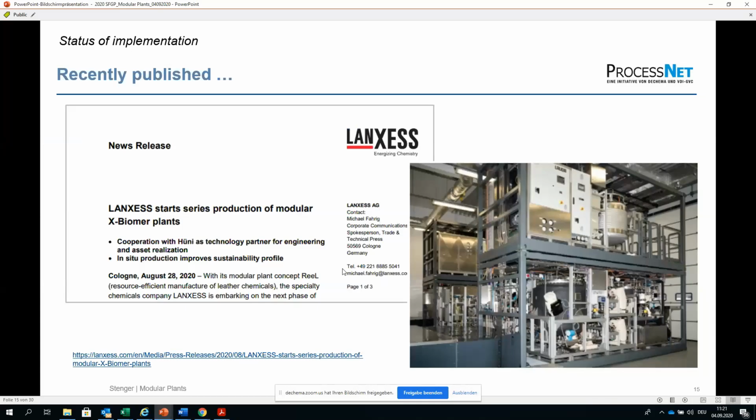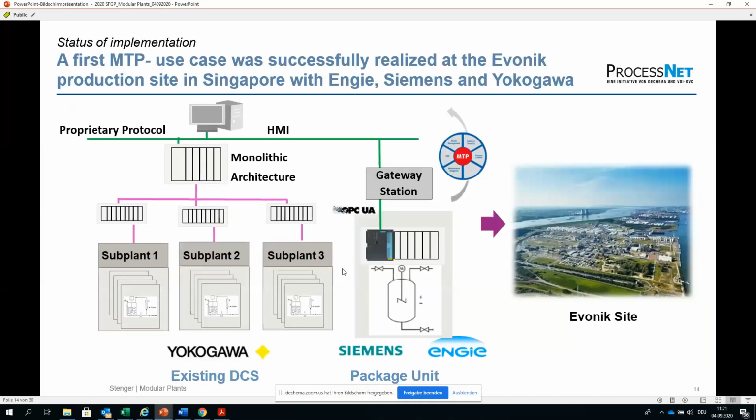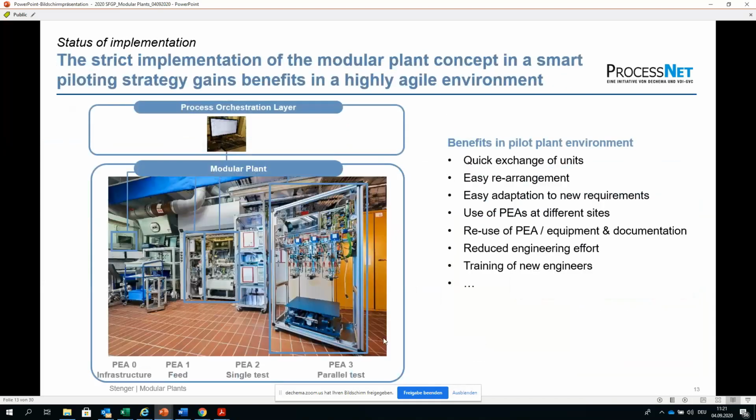Did you see that slide already? Yes, we do. The previous slide, please. This one? Yeah, so this was the last slide. Okay.